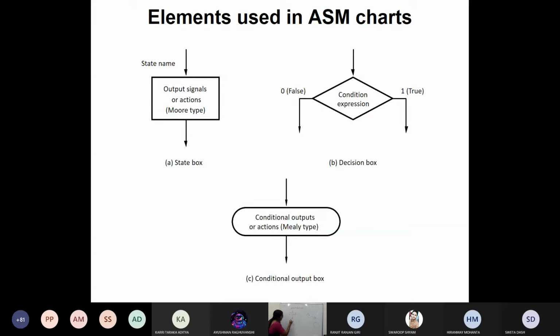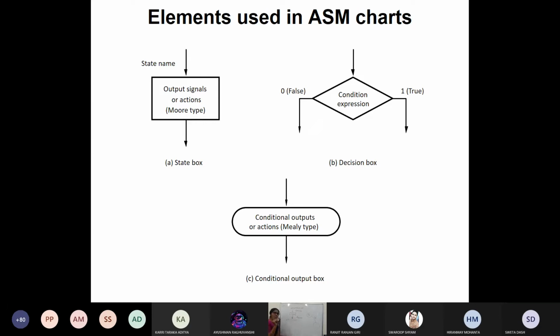I have an input and my input has two values, either 1 or 0. Check out the slide. You have decision making, and the line coming out from a rectangle box, which we call the state box, goes to the decision box.